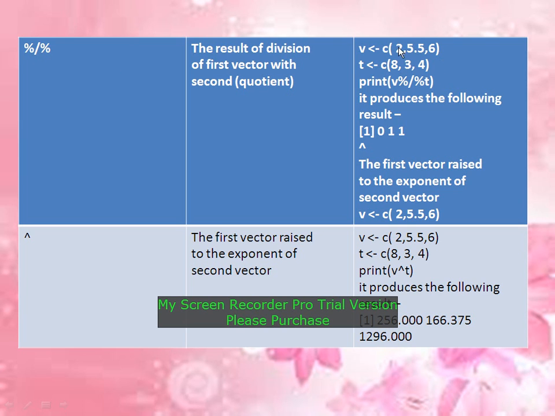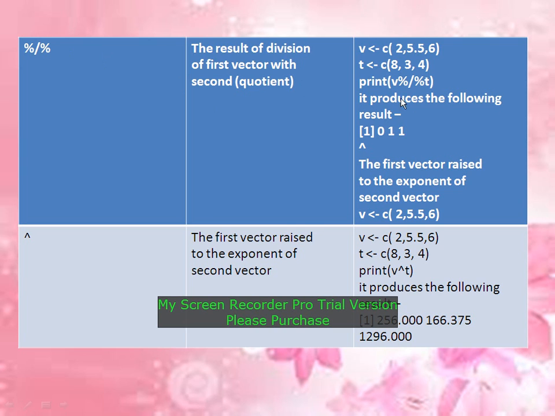So here you can check 2 by 8, the value is 0, because there is a remainder. 5.5 by 3, how many times does 3 divide? 1. 6 by 4, how many times does 4 divide? 1. So this is nothing but normal division without having any fractions.